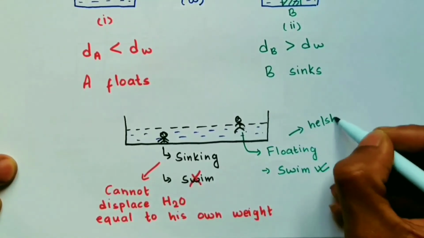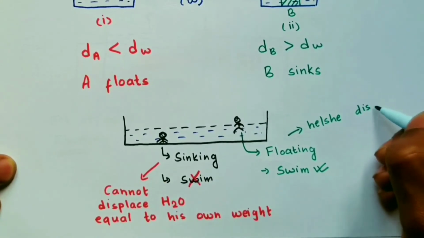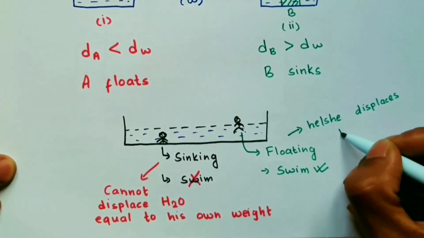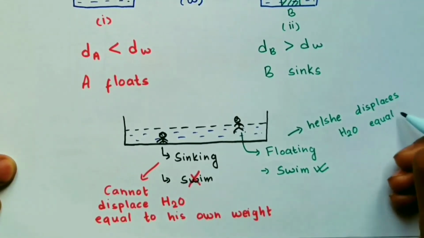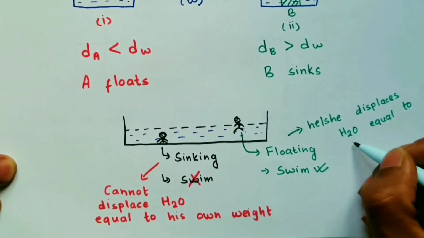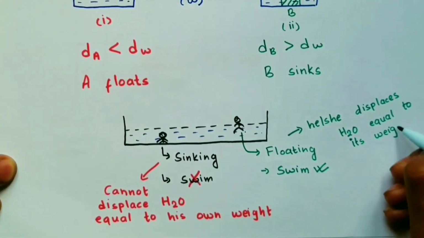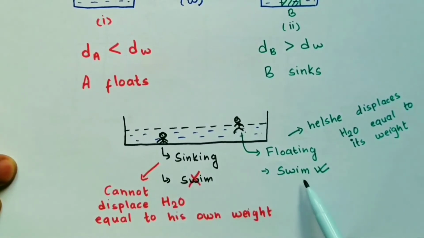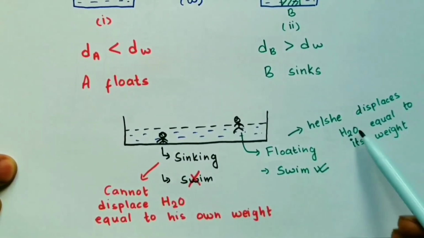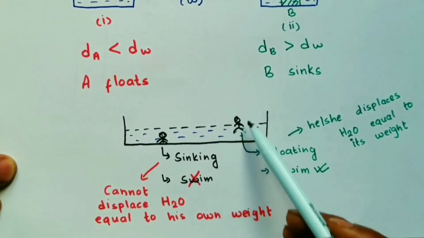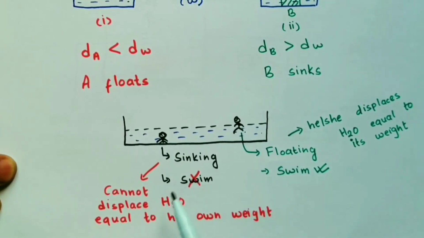But after he learns swimming, he or she can actually displace liquid equal to his or her own weight. Even though they don't know it, they are actually displacing water equal to their own weight when they know how to swim properly, and as a result, he or she floats in water. And in this case, they sink because they cannot displace water equal to their own weight.